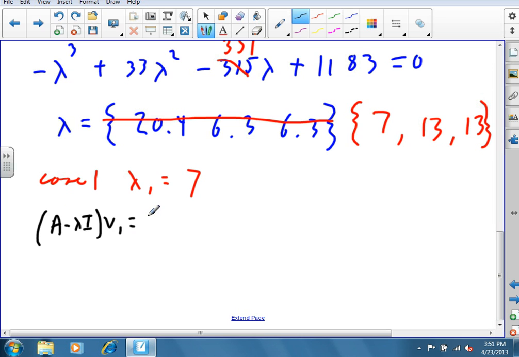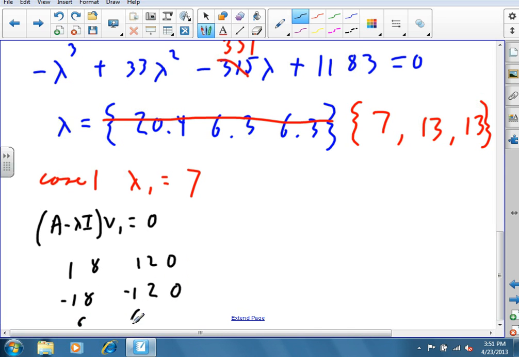I'm going to send that, it has to be equal to 0. Okay, so I've got 27 minus 25 minus 7 is 18, right? So I got 18, 12, 0. I have minus 18 minus 12, 0.